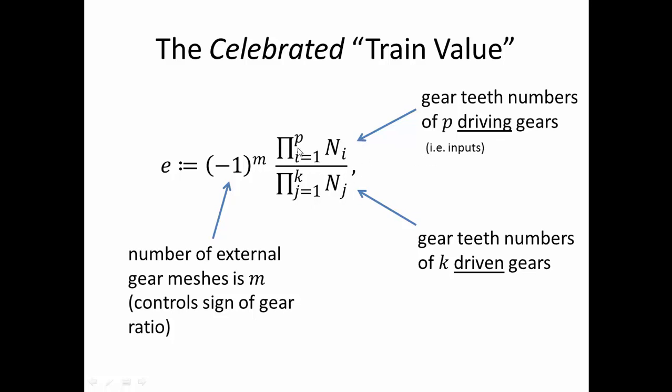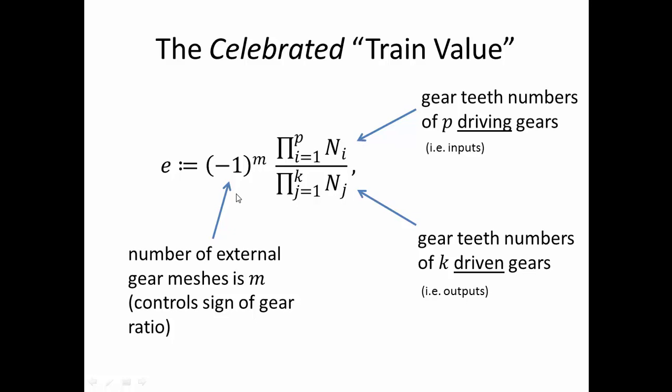So you take the product of your input gear tooth numbers and put those at the top, the product of all those, and you divide by the product of the K driven gears, and those are the output gears. So you put input gears on the top, the product of those, and then you may have K output gears. You put the product of those on the bottom. And you're going to multiply it.